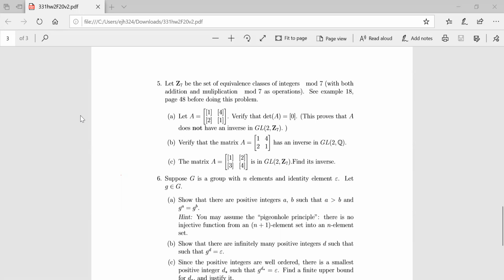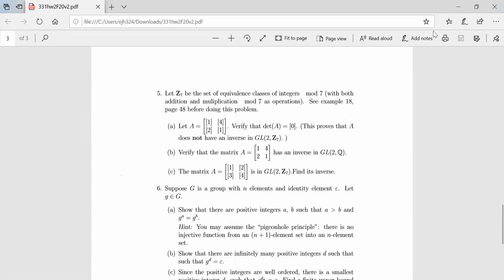Let A be the matrix. If we look at the determinant of A, then we'll get this guy times this guy minus this guy times this guy.